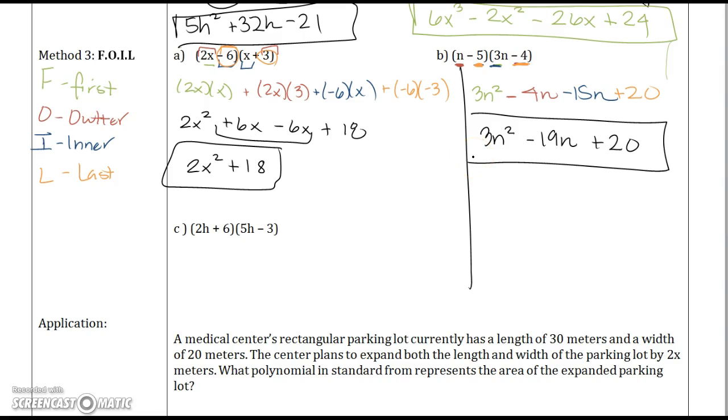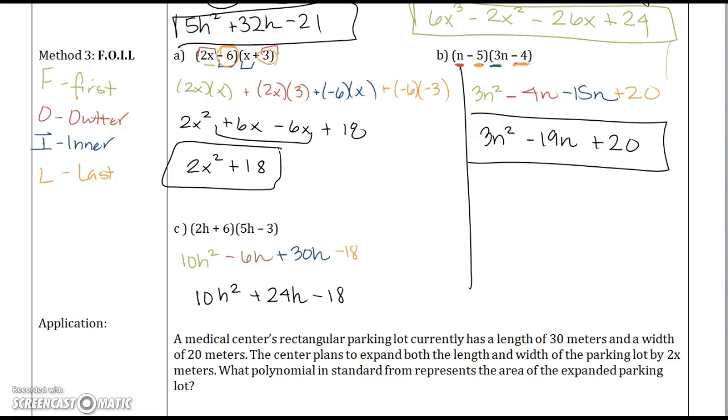There you go. Do me a favor, go ahead, press pause and try part C using the same method. Okay, super important question. Using FOIL, this is what I would have gotten: first, 10h squared; outer, -6h; inner, 30h; and last, -18.